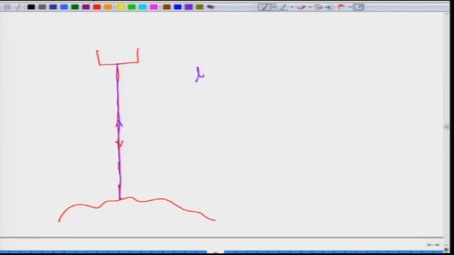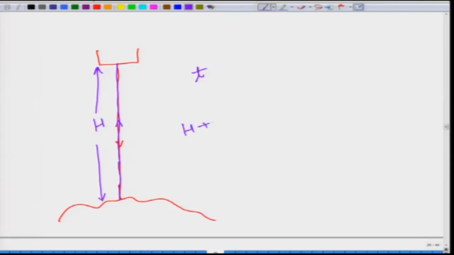Now, suppose the time is t and the distance that the laser has covered is x. So, in this case, let us say that the height of this point is h. Now, the laser is moving from the aircraft to the ground and it is travelling a distance of h.